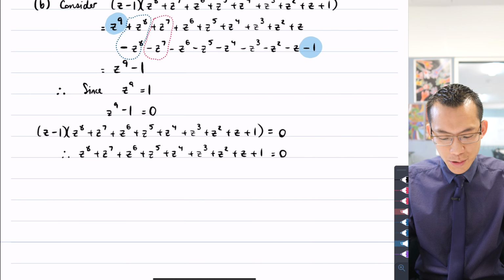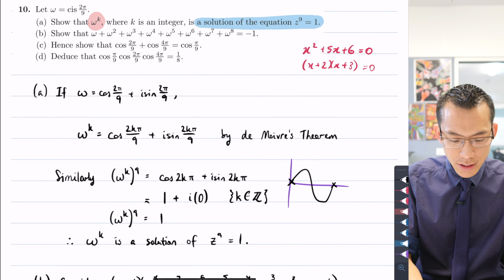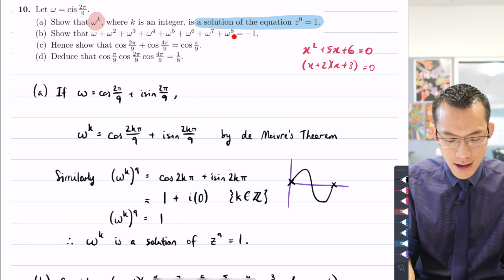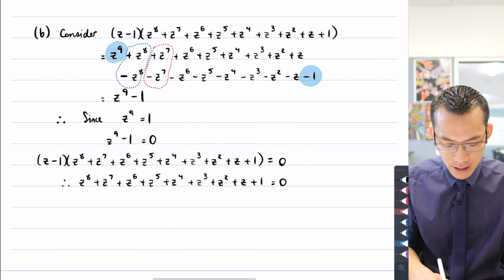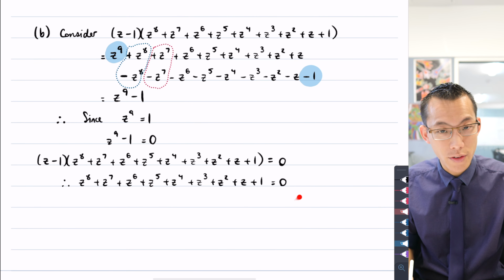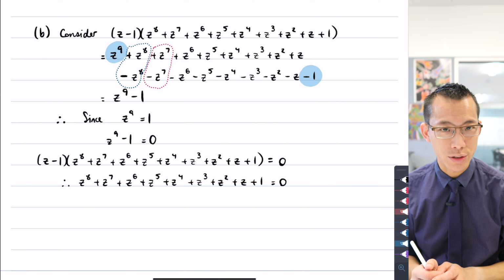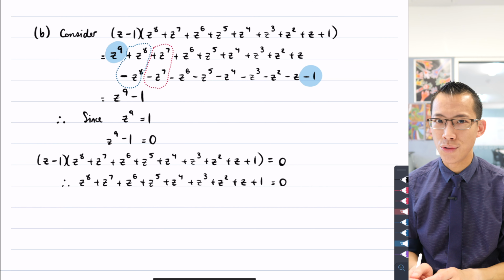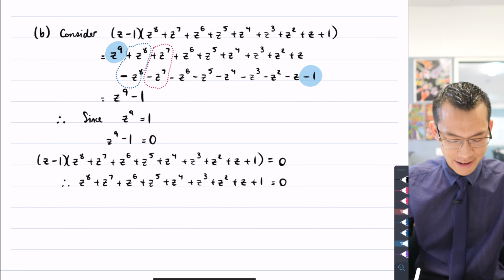And all I need to do to get this over to what I want is, I've got all of these guys here, which I can substitute in to here, and I can take this over and make it a -1. I know that omega to the power of k is already a solution of this equation, so I can just choose k equals 1, and that will give me omega, right?